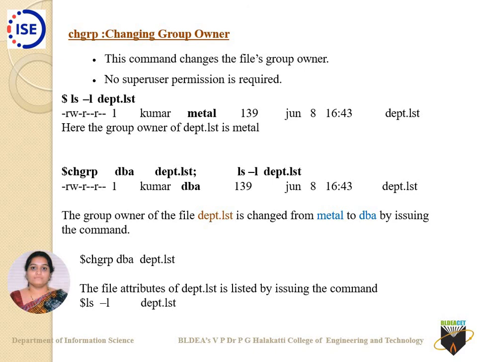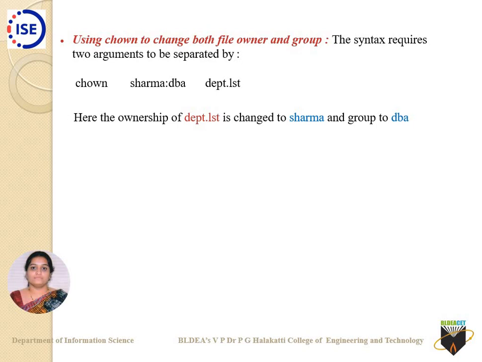Okay, now in the same way I can use the same chown to change both the ownership of a file, of the owner and the group. So how can you do that? It is chown Sharma dba dept.lst. So that's nothing but here the ownership of dept.lst is changed to Sharma and group to dba.